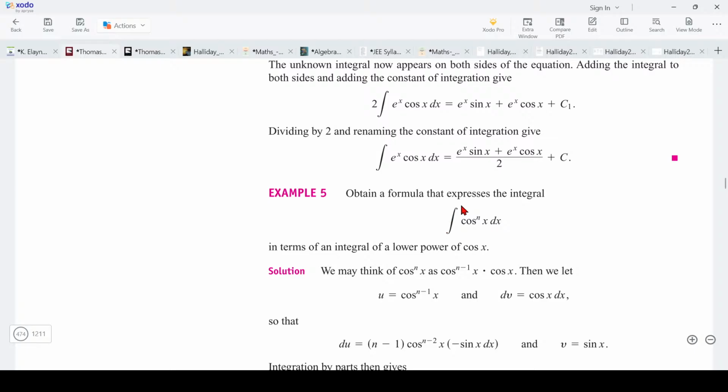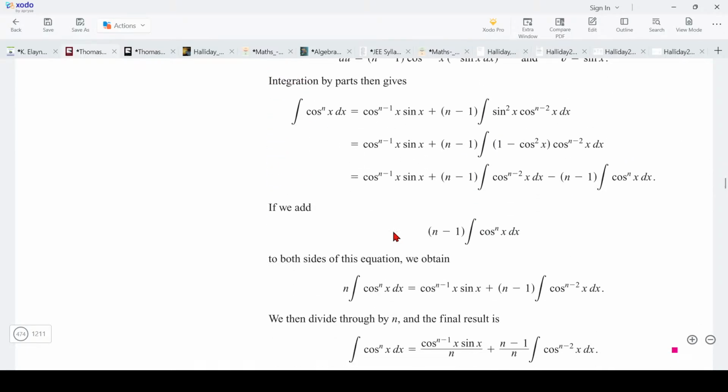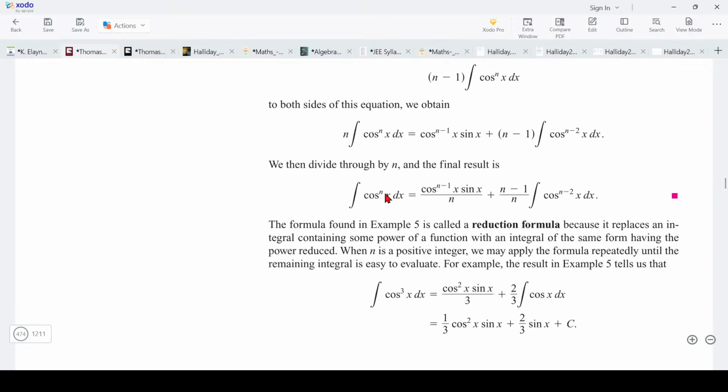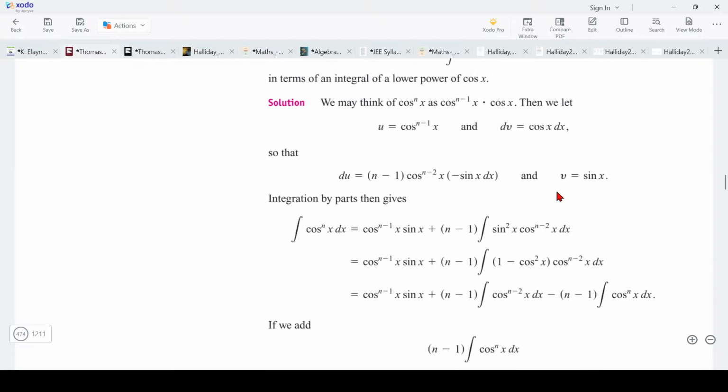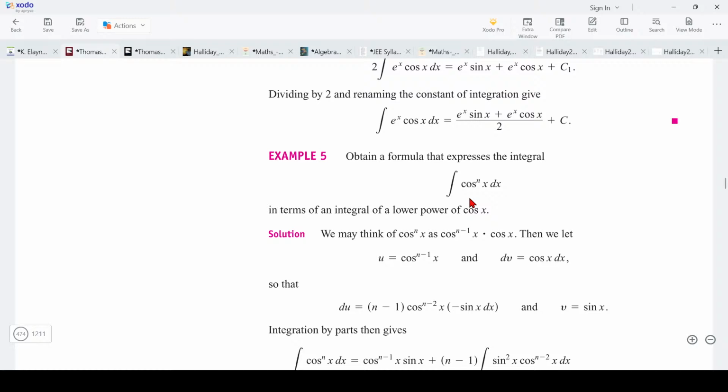We want to express this as something plus some reduced power. Ultimately, if you have reached n as 3, then 3 minus 2 is 1, we will be able to do it, right? Reduction formula means a big integral, we want to reduce it to a smaller integral.